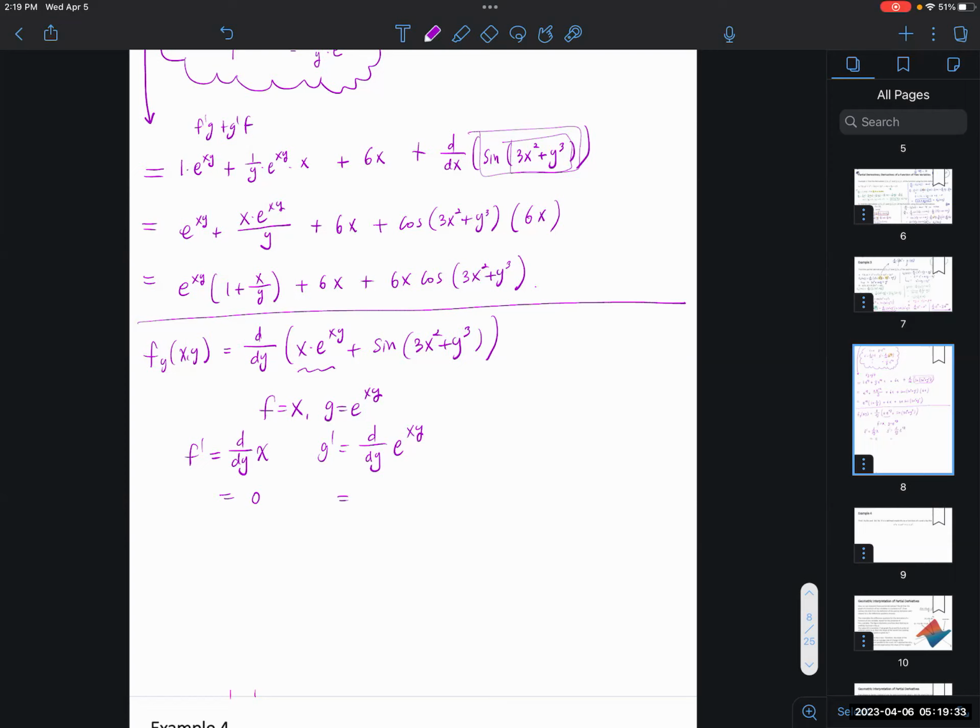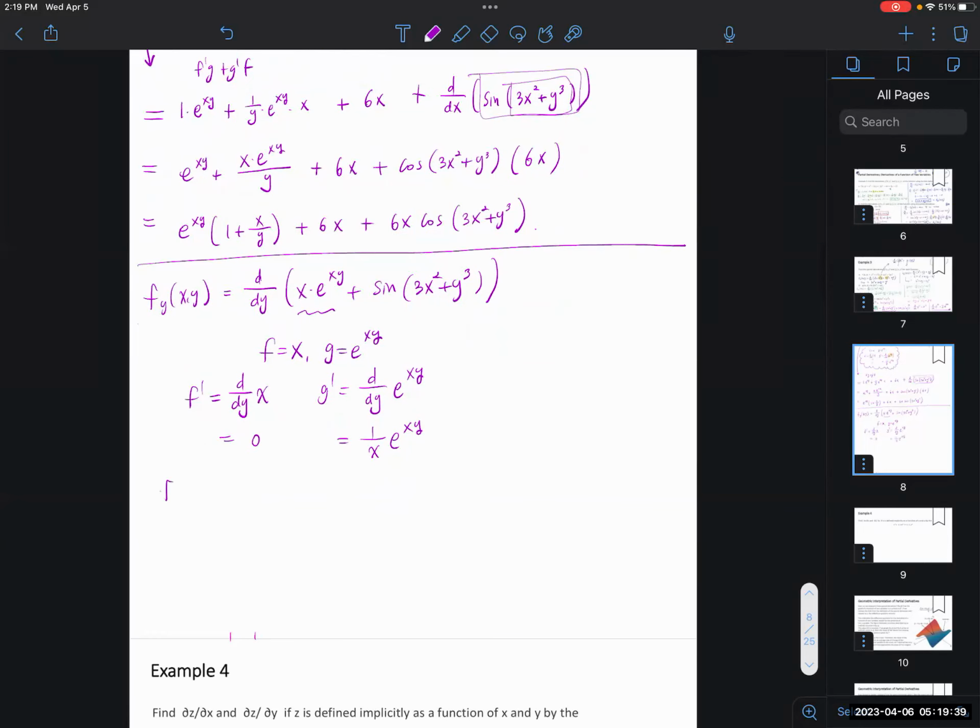Now x is the constant, so 1 over x, e to the xy. So that's g prime. So f prime g plus g prime f. f prime is a 0. So anyway, this is going to be 0. g prime is a 1 over x, e to the xy, f is x. So x cancel, we have only e to the xy.